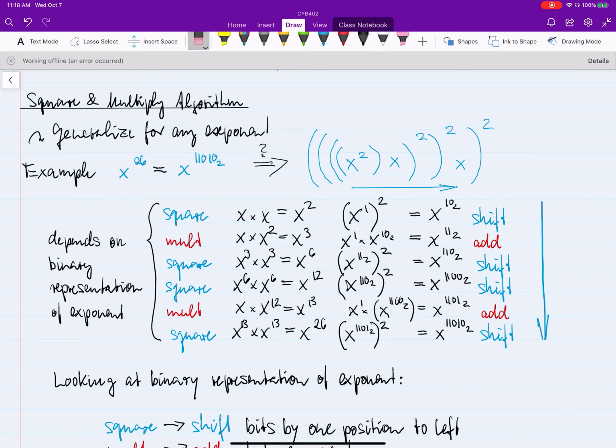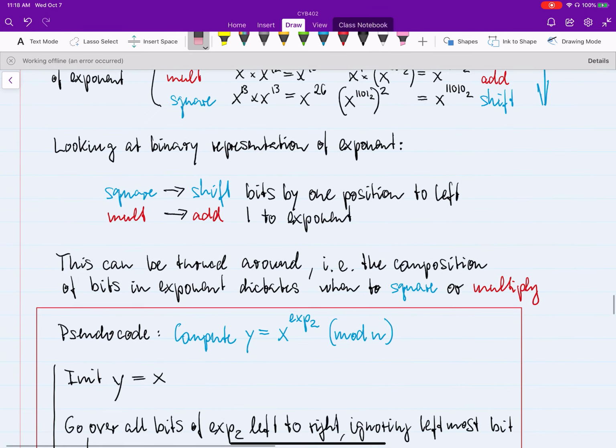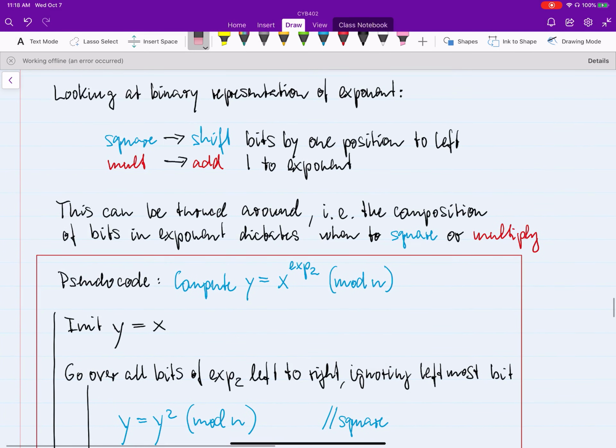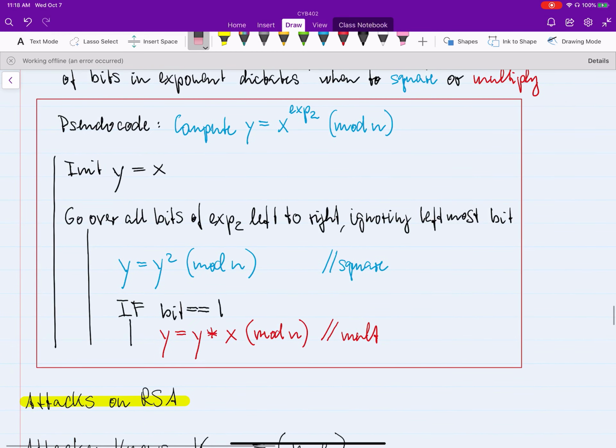Okay, so here's our algorithm. Again, the idea is the squaring on the computational side results in a shift of the exponent, and the multiplication on the computational side is an adding of 1 to the exponent. So that's the idea. And this results in a beautiful algorithm.